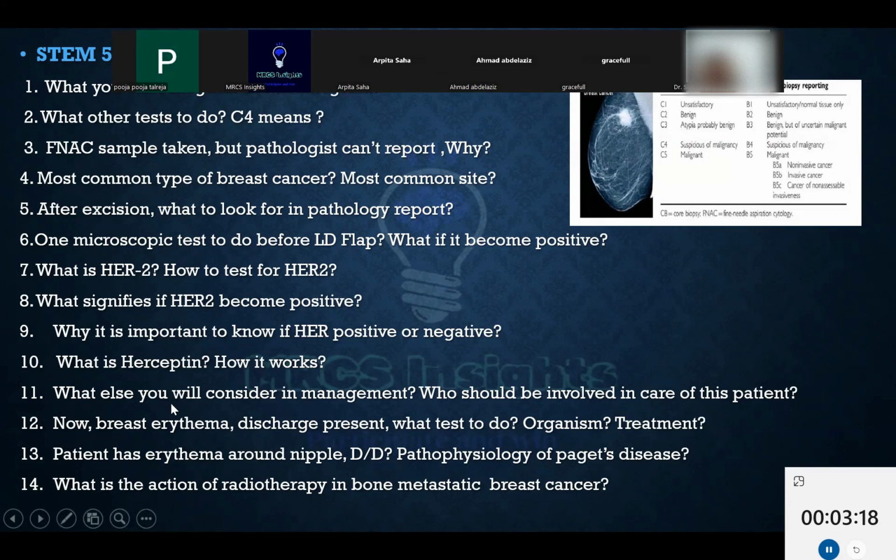Dr. Pooja, can you tell me what else you will consider in management of this patient? I'll involve the oncology team and discuss it in a multidisciplinary team. I'll also involve a plastic surgeon because it needs a flap.